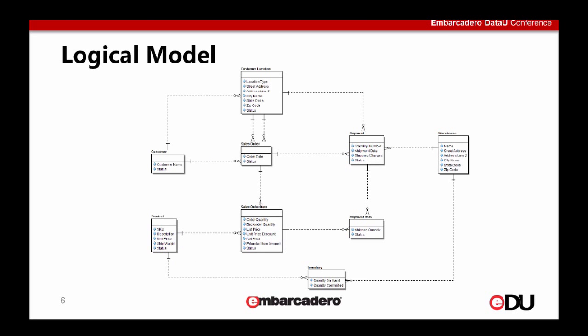Peeling the next layer off, we discover some internal complexity around the sales order and the shipment. Orders can be for multiple items, and that has to be properly represented and normalized. We find that our customers do business in multiple locations, and that we may not be billing them at the same location where we're shipping the product.